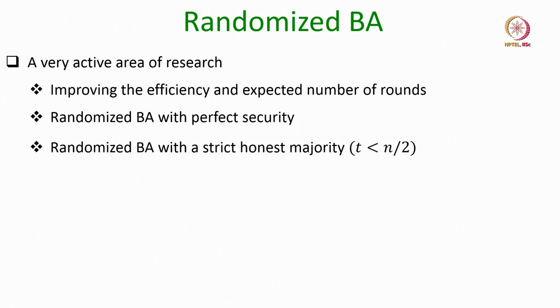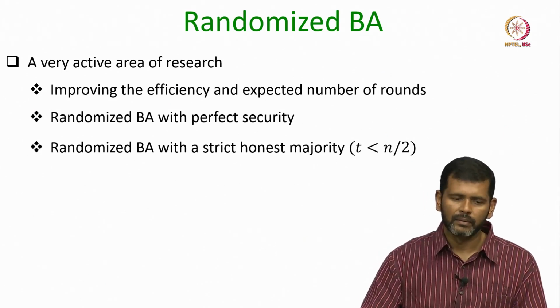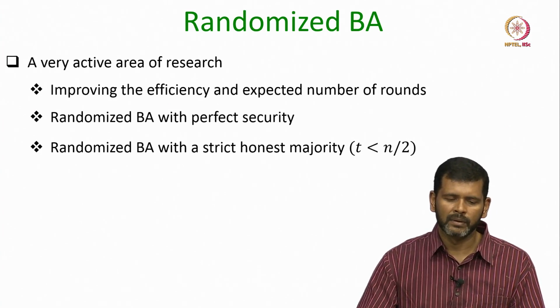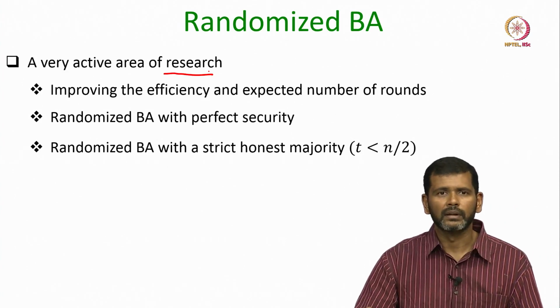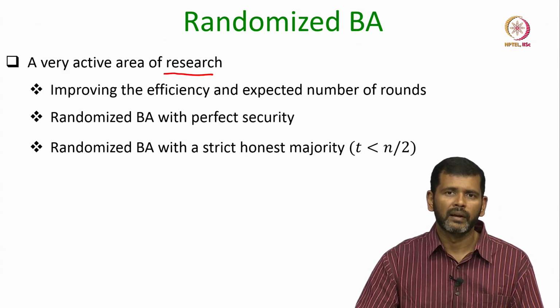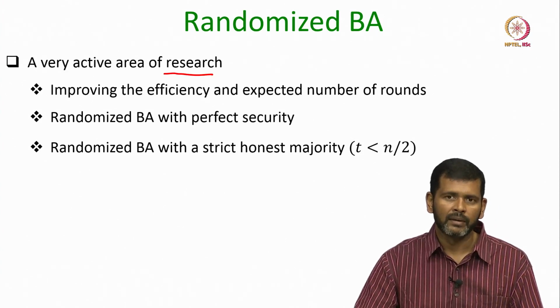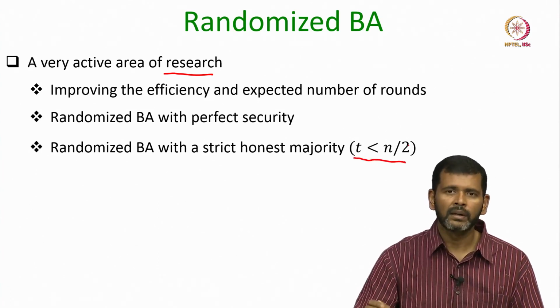So, this whole area of randomized Byzantine agreement, where we want to design protocols with an expected constant number of rounds, is a very active area of research. There is a lot of scope for research in terms of improving the efficiency, the expected number of rounds, the level of security we achieve, and the resilience.